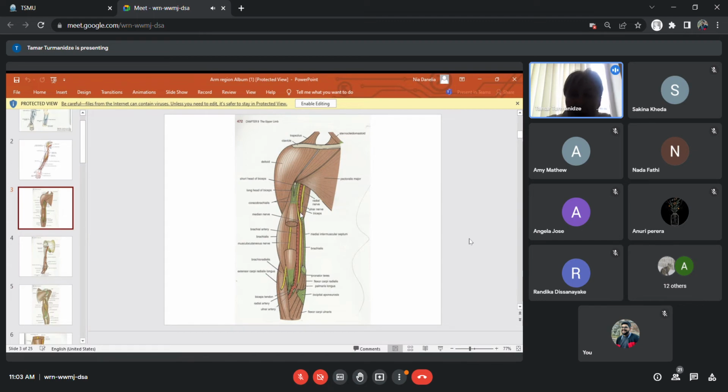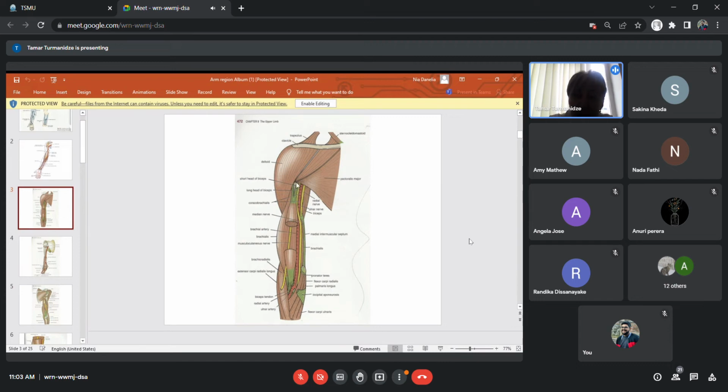So the ulnar nerve in the anterior compartment of the arm is present only in the superior third part of the arm region. From the middle third part of the arm region, it is located in the posterior compartment, medially to the triceps muscle.